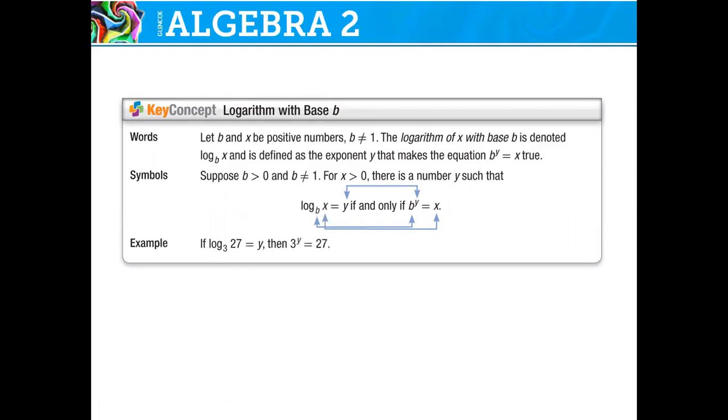We know here that 3 is the base and 27 is my x. So I can rewrite this in terms of this. To change the logarithmic form into an exponential form, it will be as follows: 3 to the y equals 27.